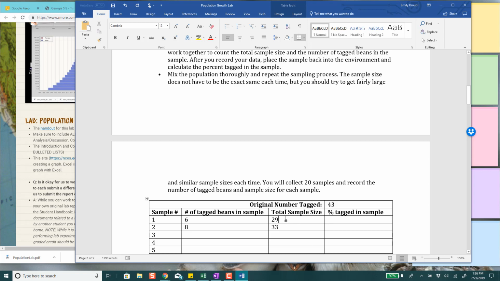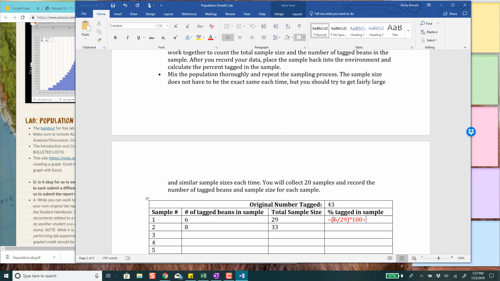They had 29 beans that they pulled out of the bag, and 6 of those beans were tagged. Then we want to find out the percent tagged in that sample. To do that, we're going to do some math. We do equals 6 divided by 29, and then multiply that by 100.